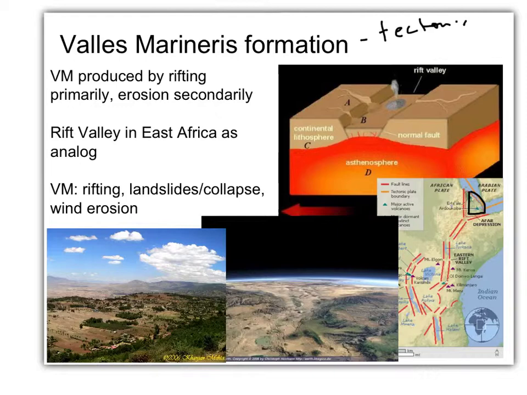Essentially, the plates are moving apart from each other, and as they do so, the rift between has developed over time, with the center part of the Rift Valley subsiding as those surrounding plates have pulled apart.